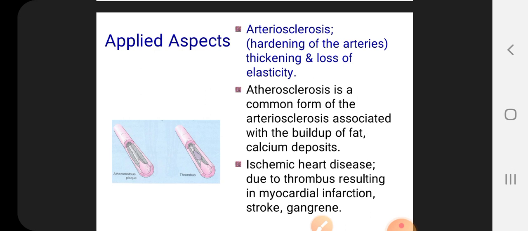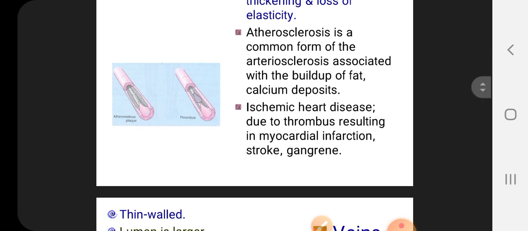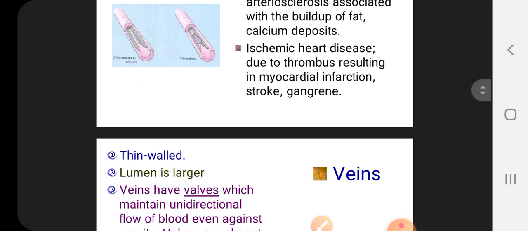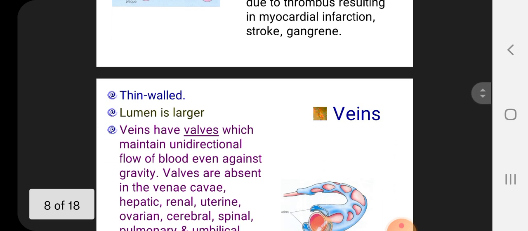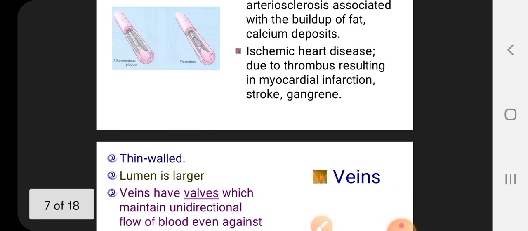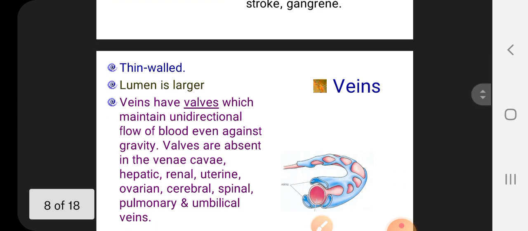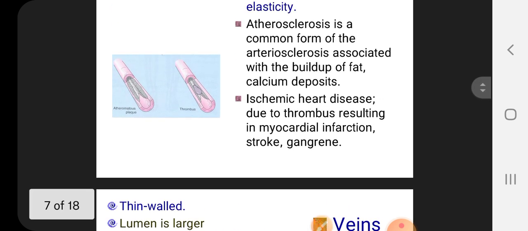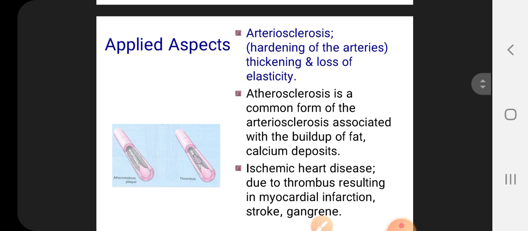Atherosclerosis is a common form of arteriosclerosis with buildup of fat and also calcium deposits. Ischemic heart disease is due to thrombus, resulting in myocardial infarction, stroke, and gangrene. So these are all the applied anatomy for arteries.